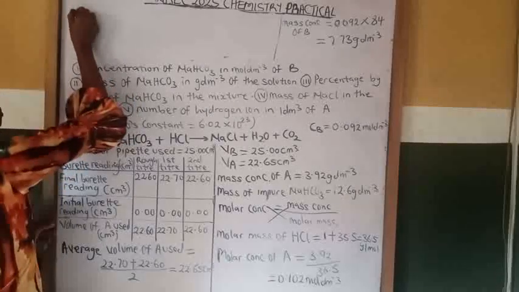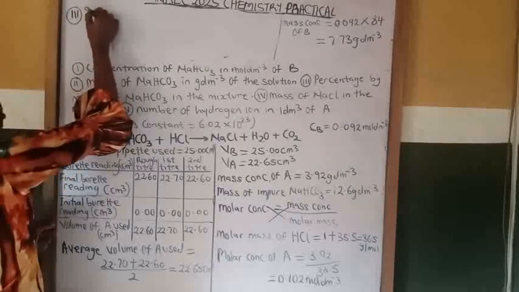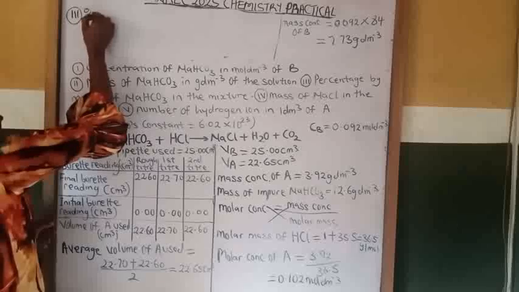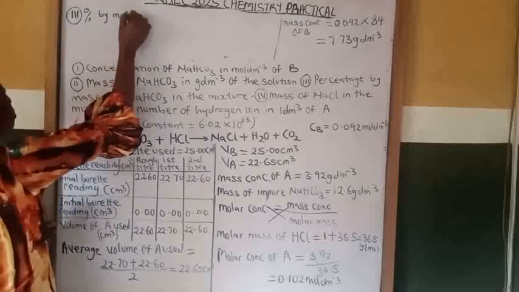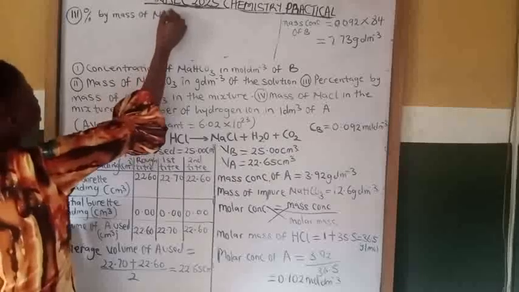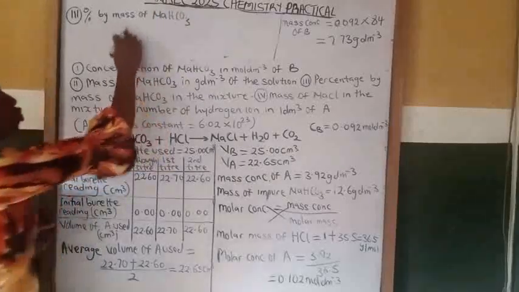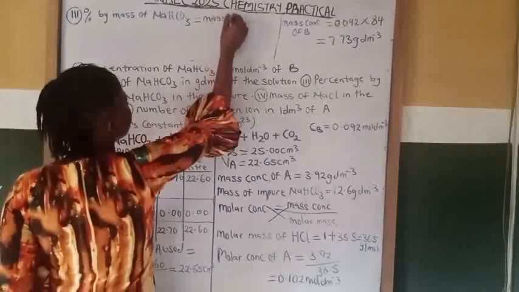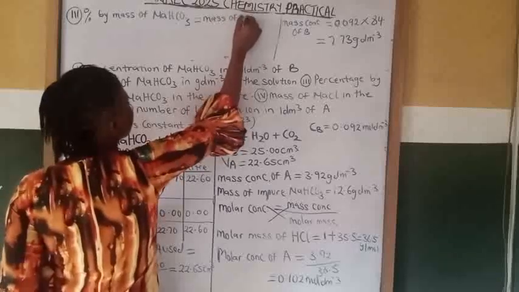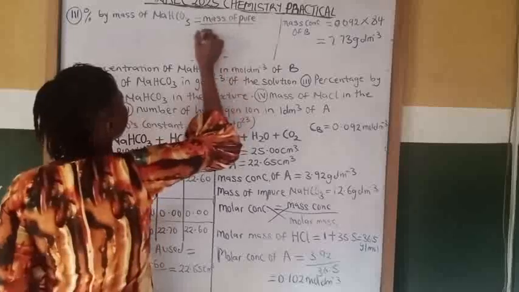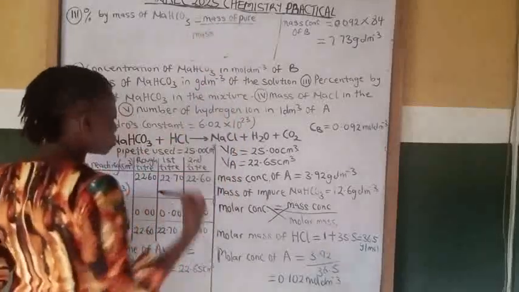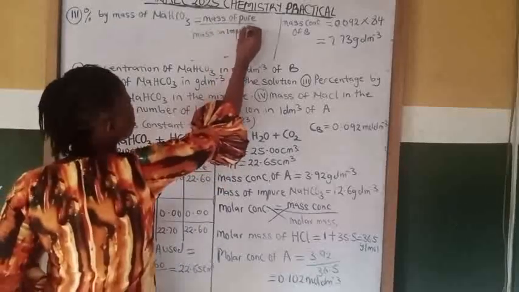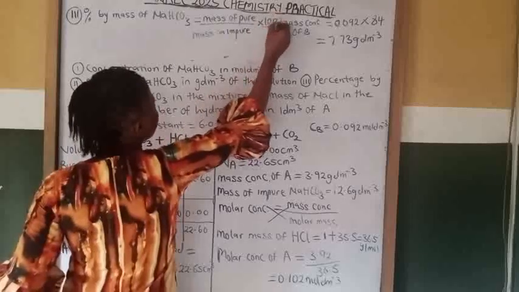It is the mass of pure divided by the mass of impure, times 100 over 1.